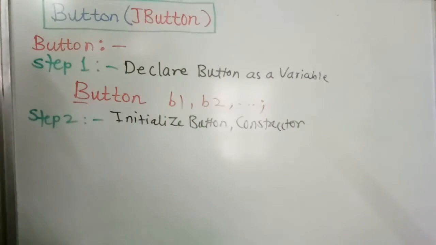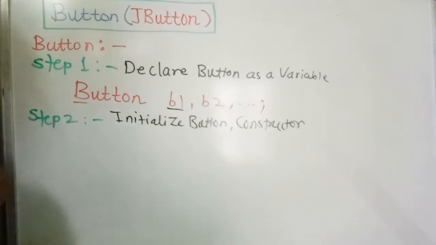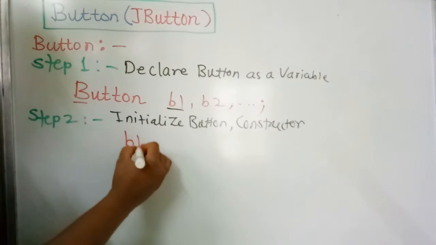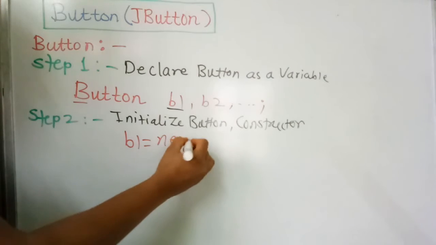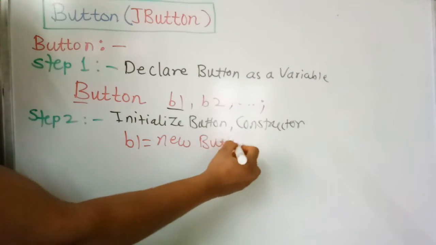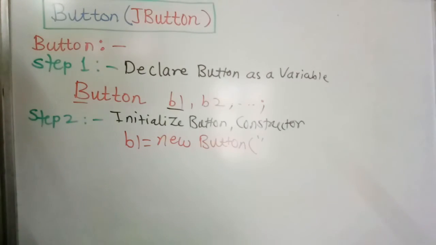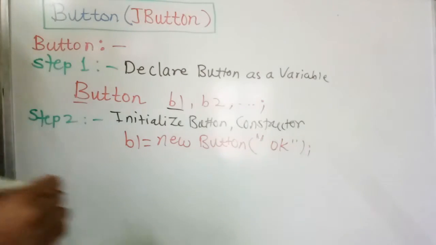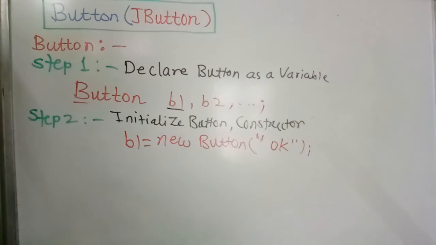How will we create it? For example, B1 is the button name. Then we will create the constructor as Button B1, so B1 equals new Button, and we will apply the label to it, like OK, save, cancel, like this.